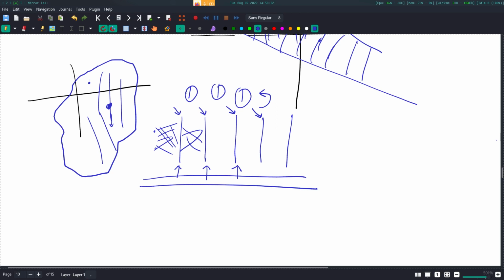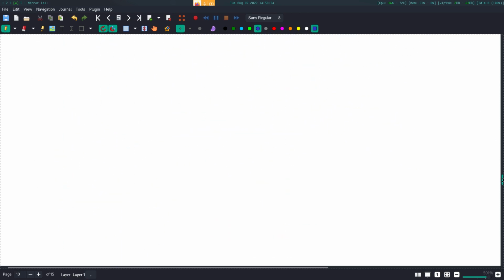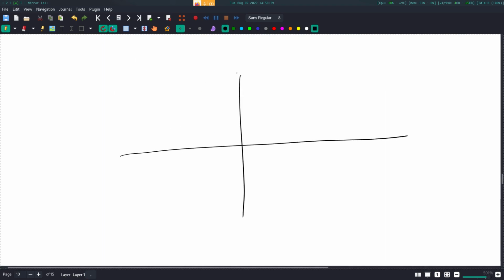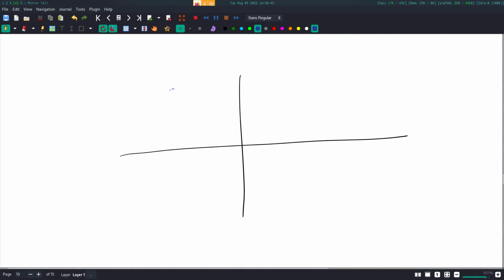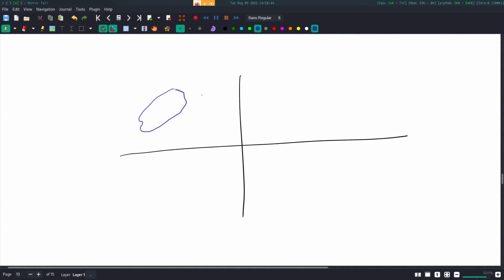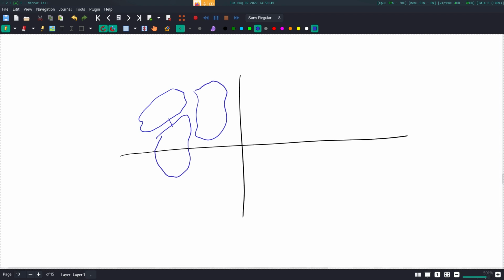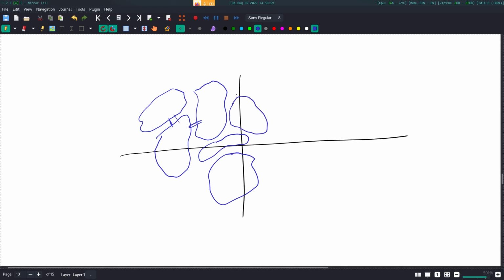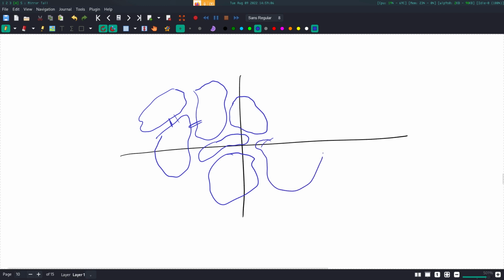So the intuition is that you can think of your neural network's behavior this way: your input space has these regions in which your network is very close to being linear, and there are non-linear boundaries between these regions. You can think of your network's behavior intuitively as being this.